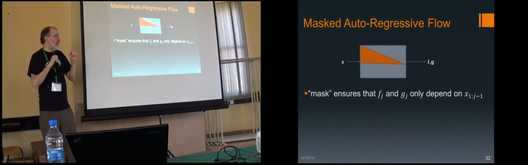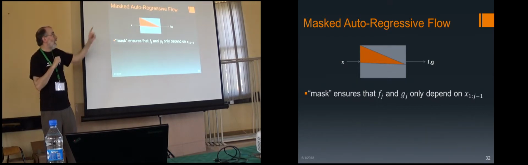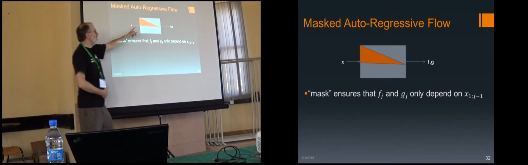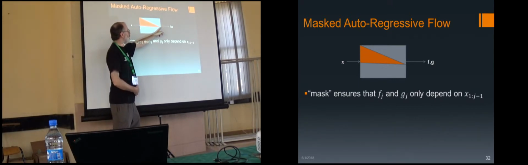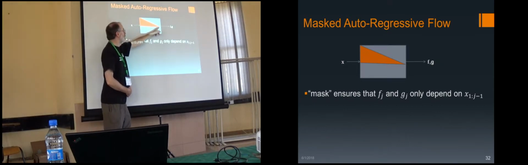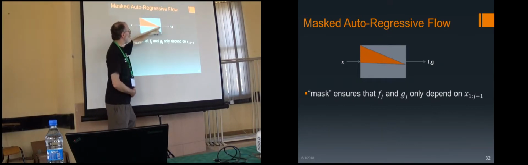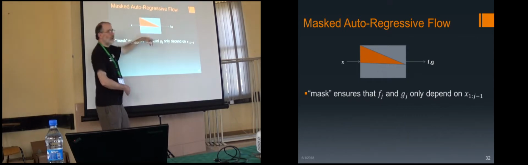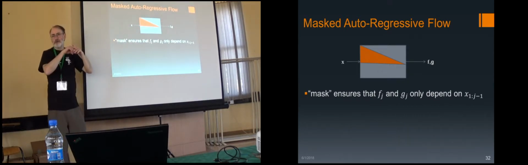And masking, the idea is that they set up this neural network so that if we're trying to calculate, say, f_j right here, we want to make sure that it only depends on x1 up to x_(j minus 1). So we force the neural network to only look at the weights that look at these inputs and contribute to this output. So there's a different mask for each output that makes the neural network have an overall triangular structure, right?